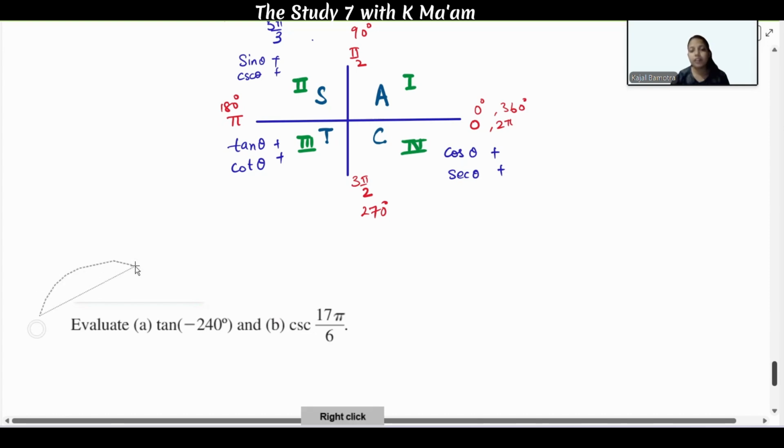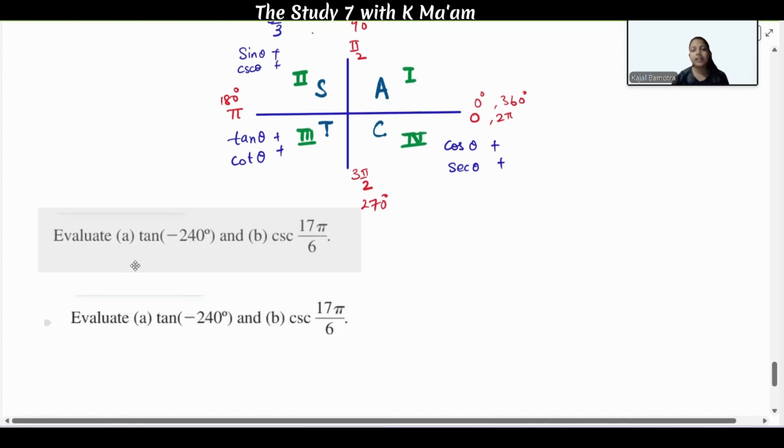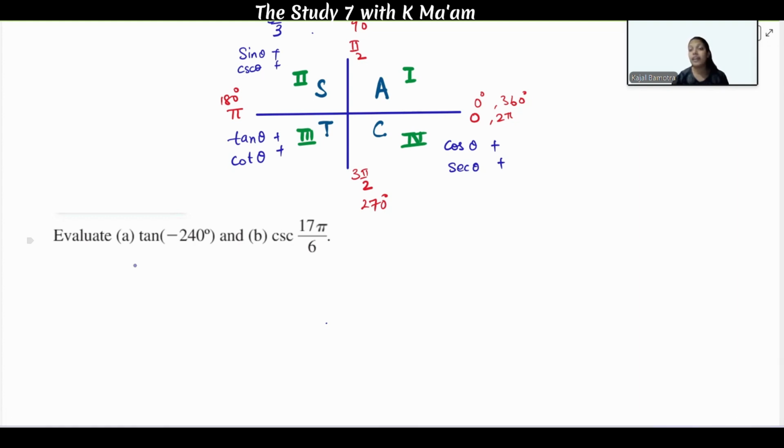We have to evaluate tan of negative 240. Let's find the coterminal angle of negative 240. See, here the negative 240 will lie: 0, negative 90, negative 180.